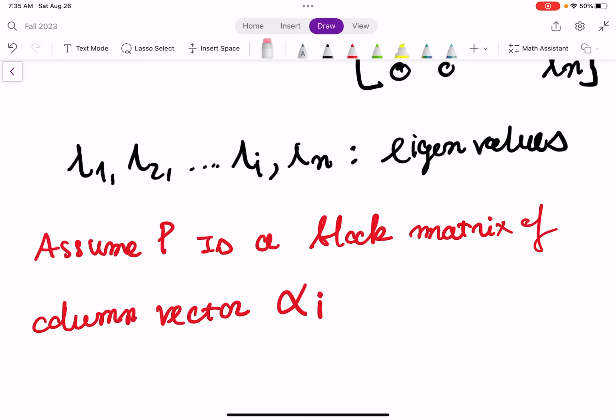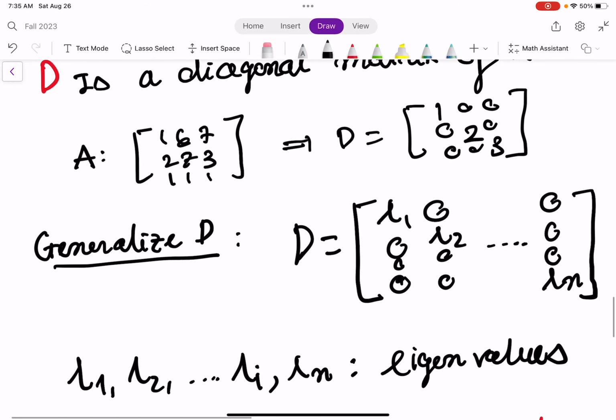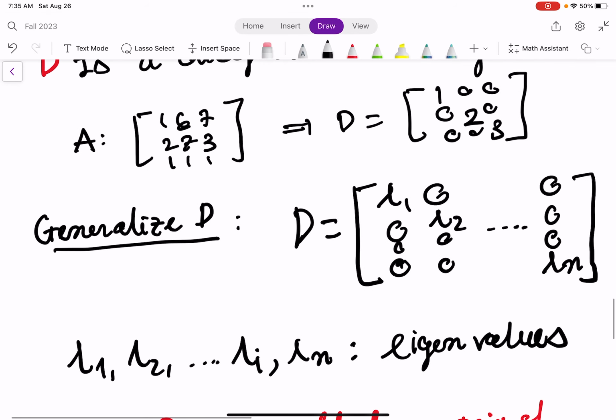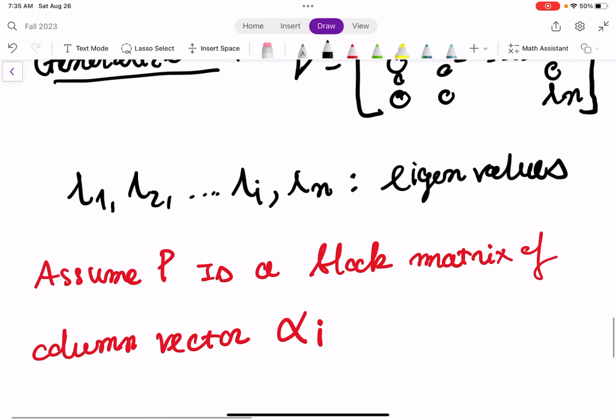Again, in order for two matrices to be equal, they have to be consistent.